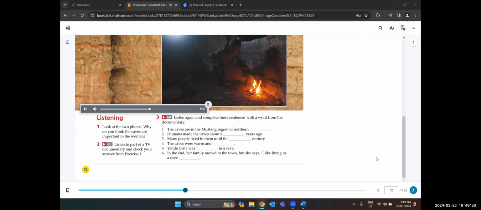Even today, you can find people who live in the caves. This woman, Yandu Bista, was born in a cave, and she grew up here with her family. Life was difficult. They didn't have water in the cave, so she went to the river every day and brought water up the mountain. In the end, her family moved to the town, but she says, I like living in a cave better.